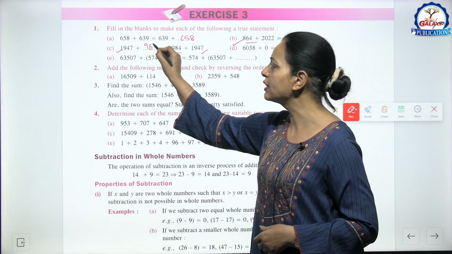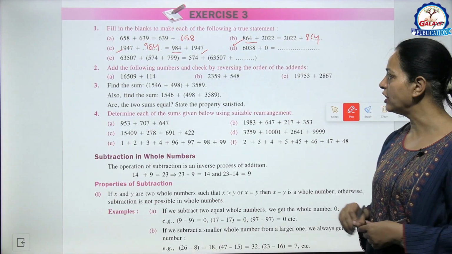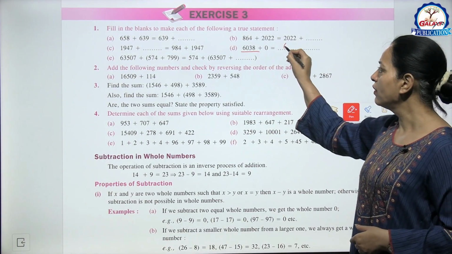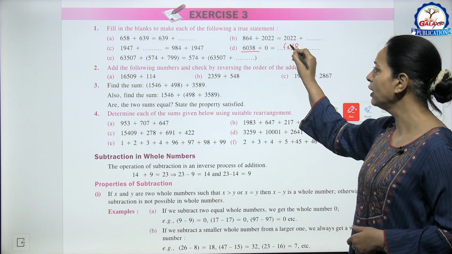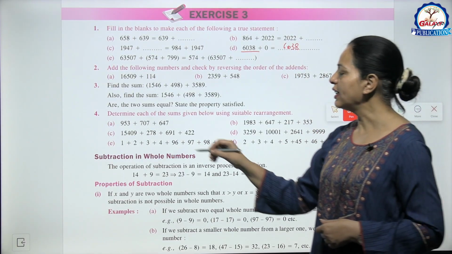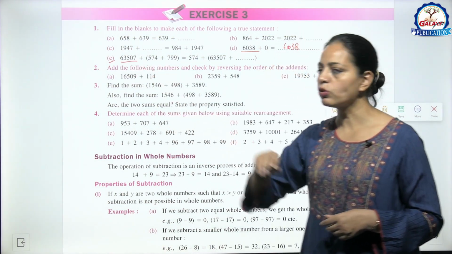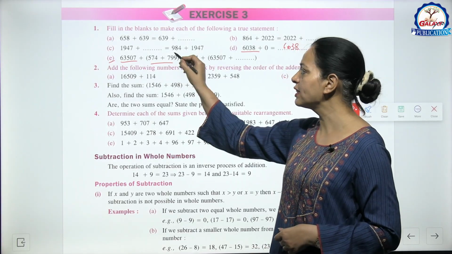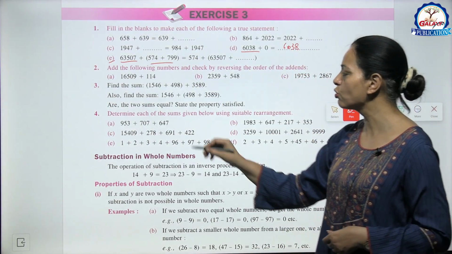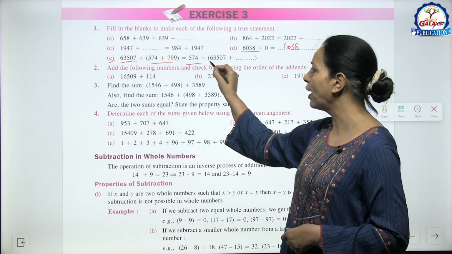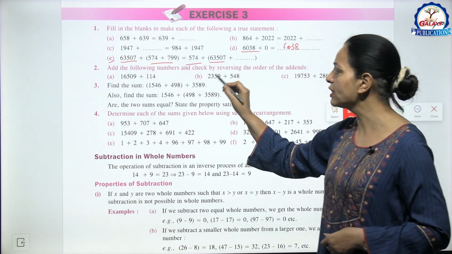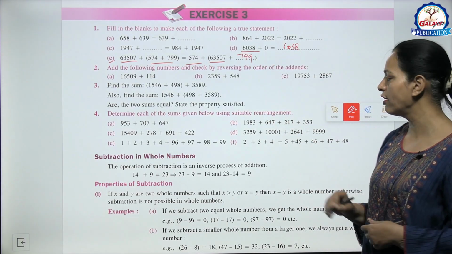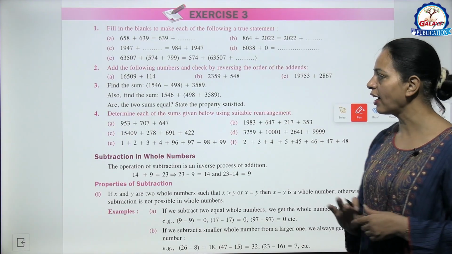So here this number is 984. Now see D part, 6038 plus 0. This number only, 6038. Okay. Similarly E part is 63,507 plus (574 plus 799) equals (63,507 plus 574) plus this number, and what is left here? 799. This is the associative property. I hope these are clear to you.